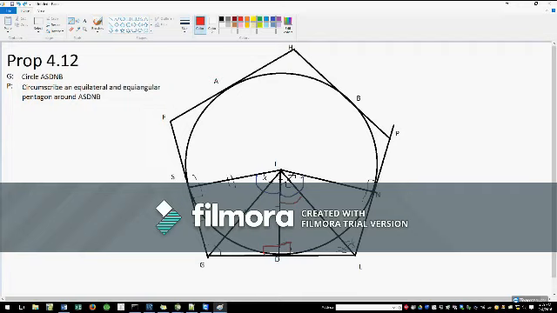The blue lines show us they're equal, right? And they're bisected. That means the halves are equal too.